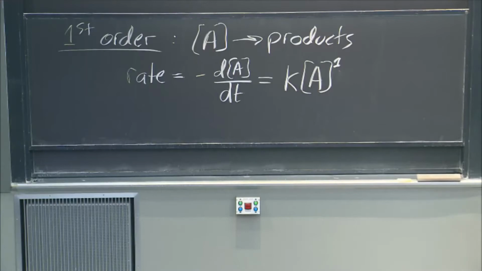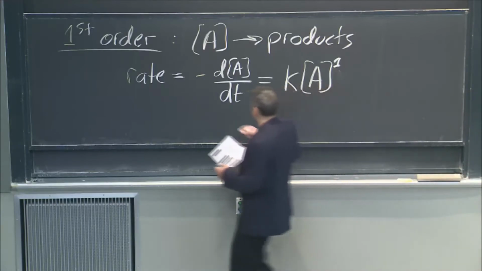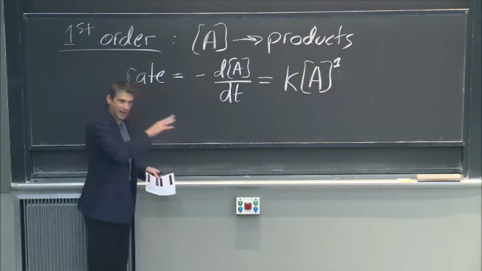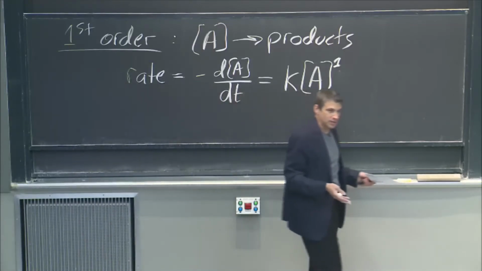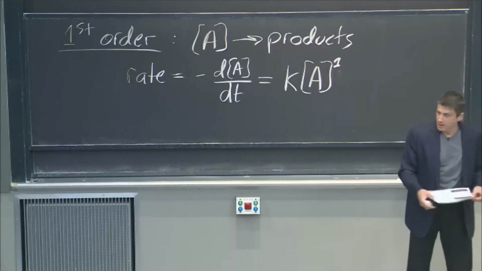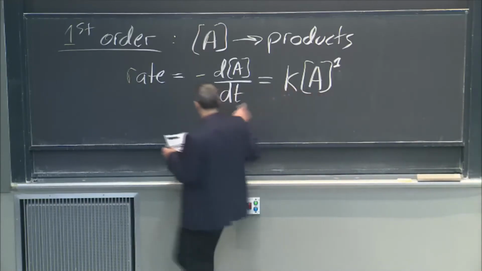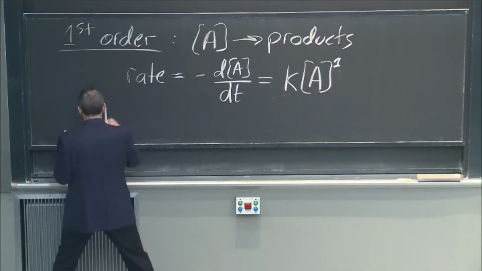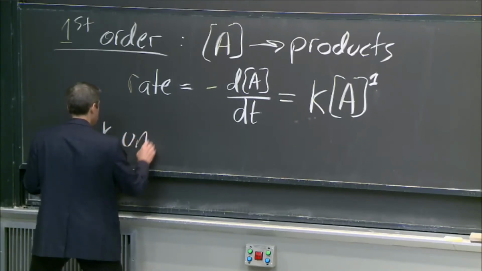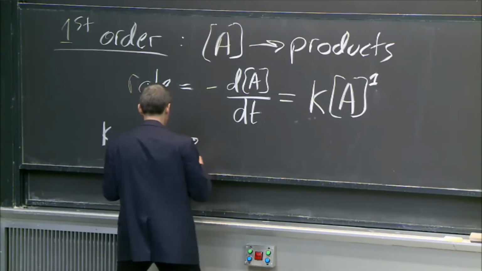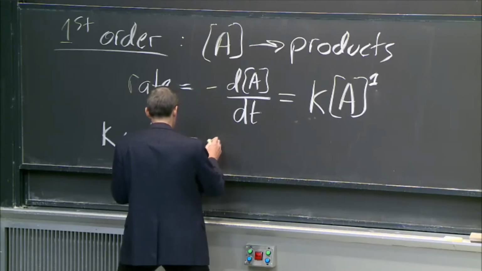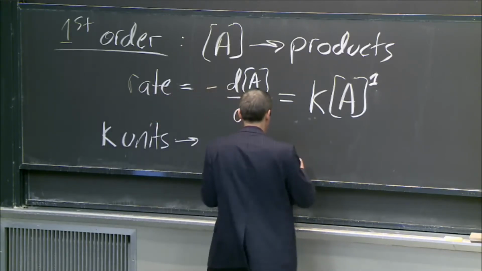And so, now, okay, here's the thing, right? The rate still has to have units of molarity change with time, right? Molarity over time. And it can't have that unless K's units in this case are going to be, so let's see, let me write down, okay.